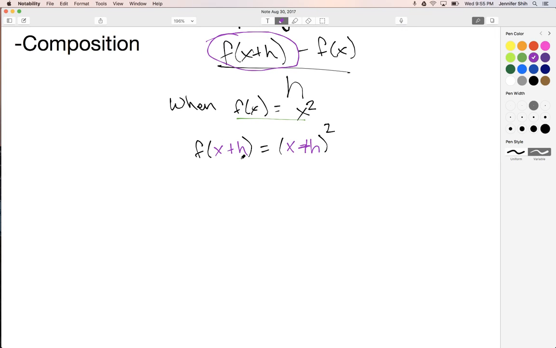There, that's almost it. So let's go back to evaluating this function here. So f of x plus h is this expression here. So this is going to be equal to x plus h squared.